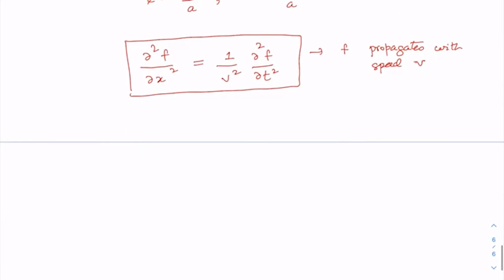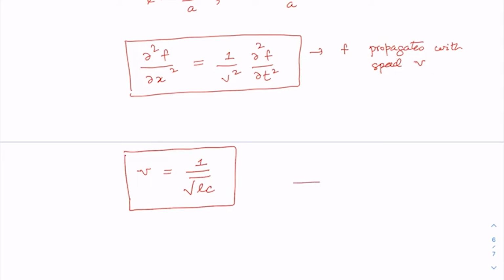Comparing this equation with the equation that I obtained for current, it simply says that current propagates like a wave in a transmission line with speed 1 divided by square root of lc. So this is the speed of a current signal in a transmission line, and because both small l and small c are constant, this speed is basically a constant quantity.